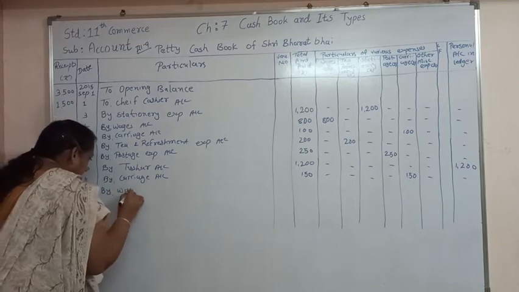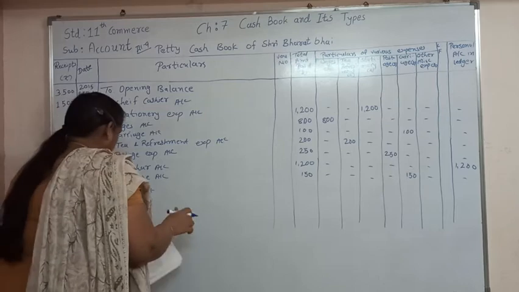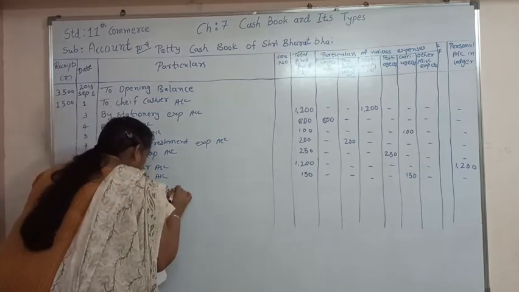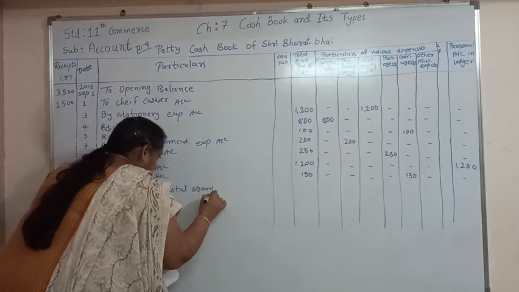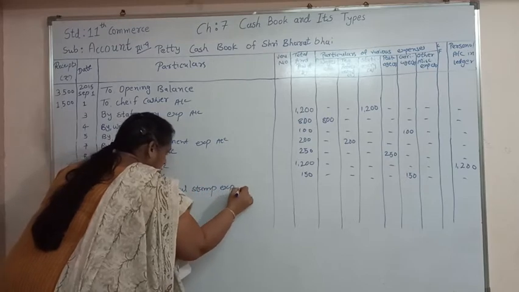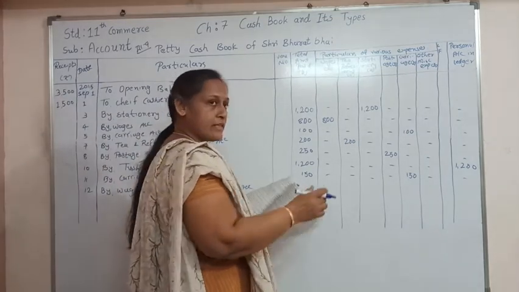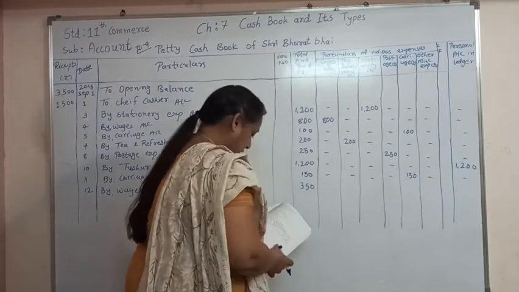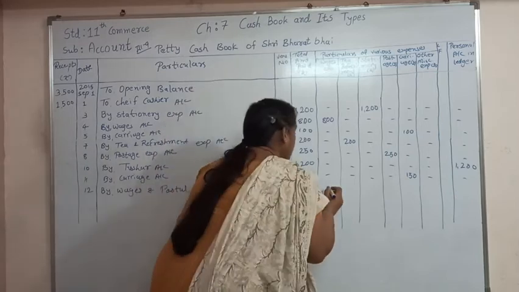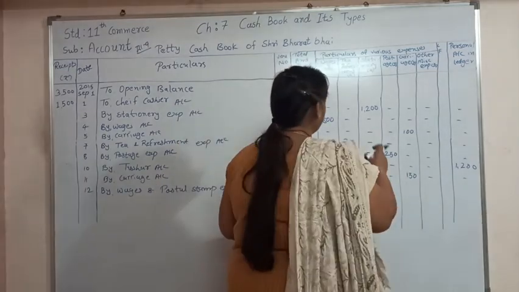The total will be 350, and from 350, 180 is wages and 170 is postage.